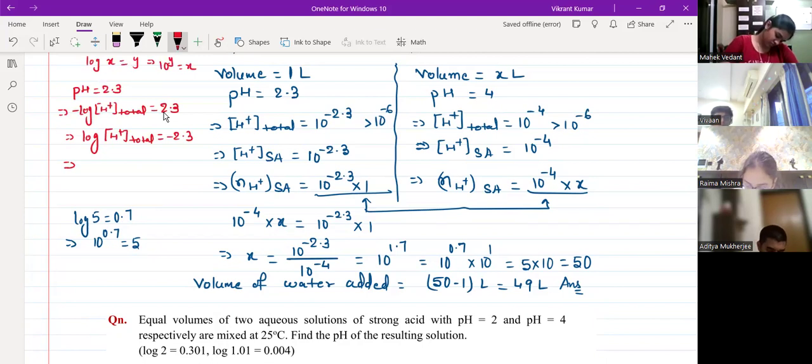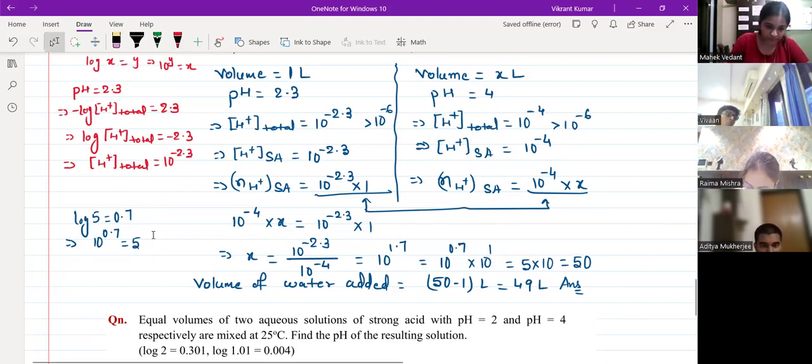I got it. So similarly we can write H plus total is nothing but 10 raised to minus 2.3. Okay. So next question you all try, and just see that I've given you the log values, so you have to use exactly those. You can't change the values.